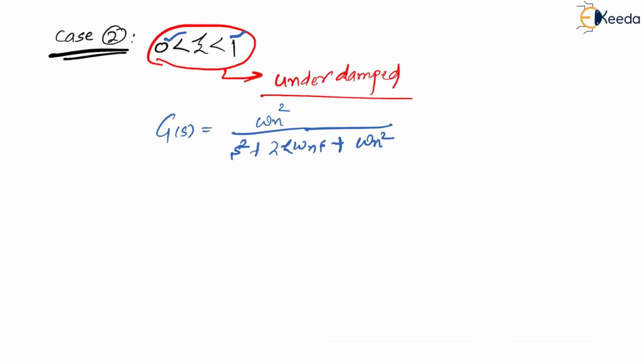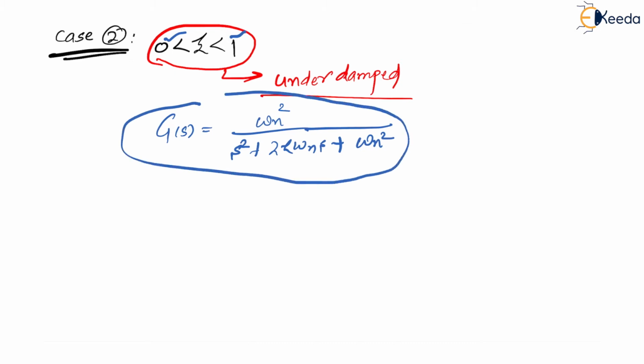Now to get this impulse response, we will have to get the inverse Laplace transform of this G of s. So let us try to factorize our denominator.